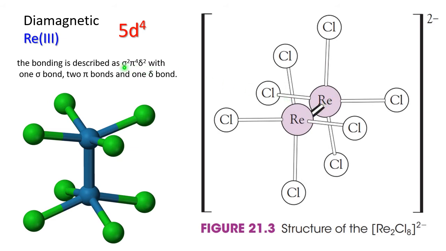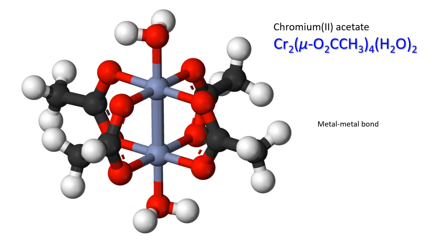Here we can say that we have sigma 2 pi 4 delta 2 bonding, which means 1 sigma bond, 2 pi bonds, and 1 delta bond, as described in the previous example. There are plenty of such compounds in 4D and 5D groups.